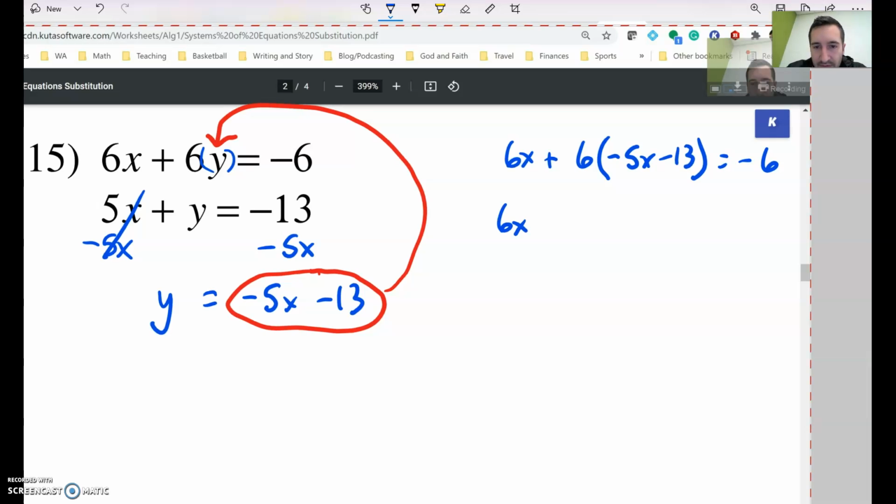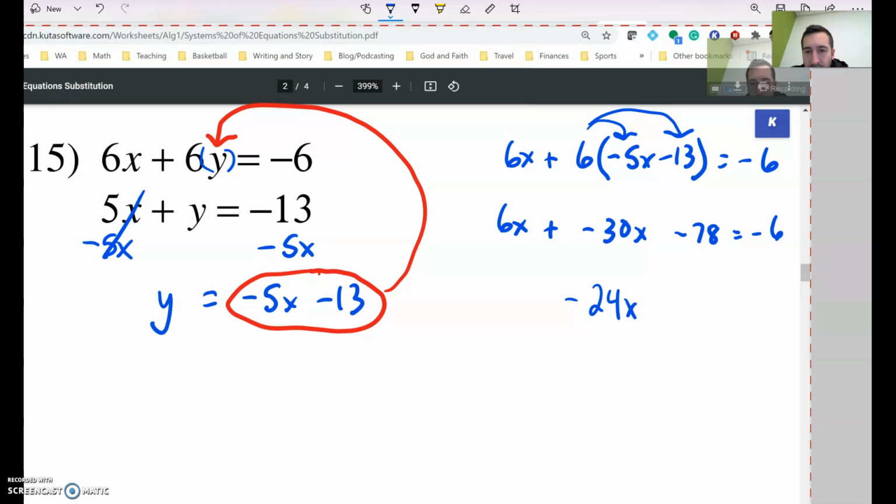So 6x plus, most of your mistakes this week, class, has been on your distributive property. So be careful. 6 times negative 5x is negative 30x. 6 times negative 13 is negative 78 equals negative 6. 6 plus negative 30, 6 minus 30, that's negative 24.